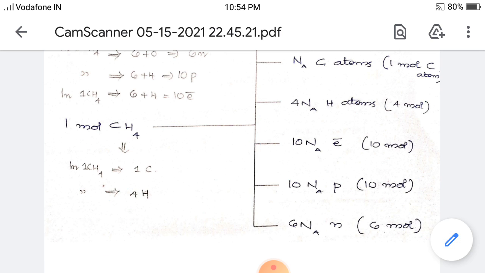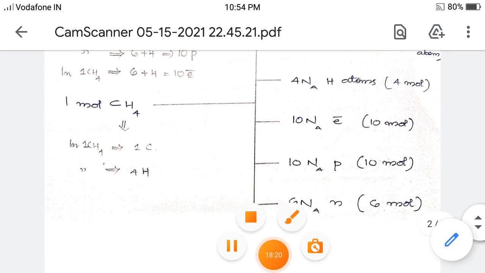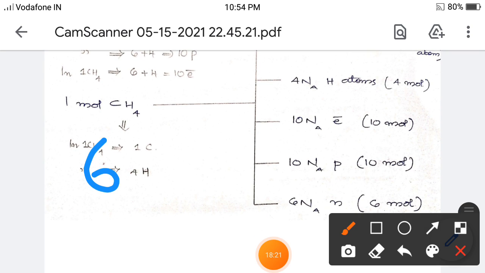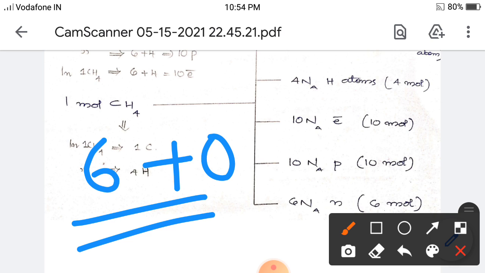Now the last concept is about neutrons. How many neutrons are present in CH4? In carbon we have 6 neutrons, and in hydrogen neutrons are absent. So 6 plus 0 is 6.